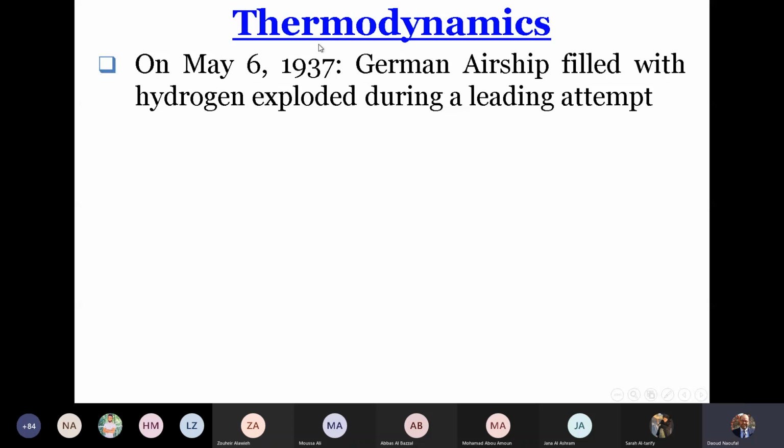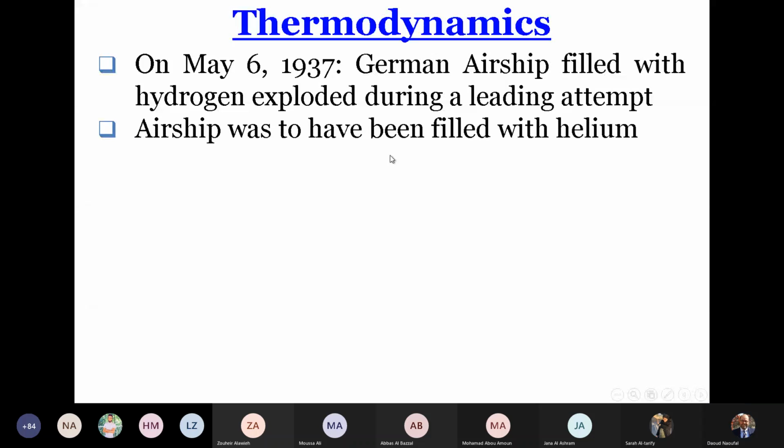What is thermodynamics? On May 6, 1937, the German airship filled with hydrogen exploded during a landing attack. The airship was filled with hydrogen, and since hydrogen gas is a light gas, it is useful for this type of airship.